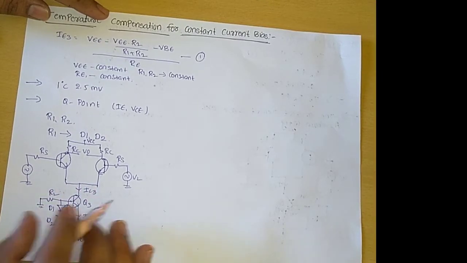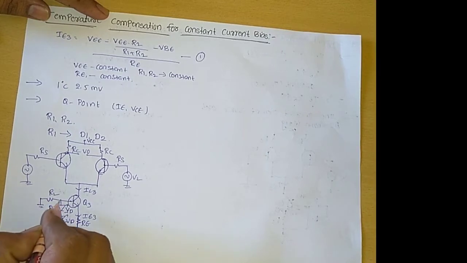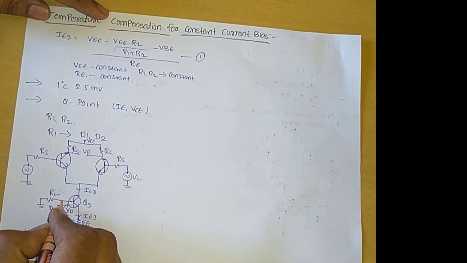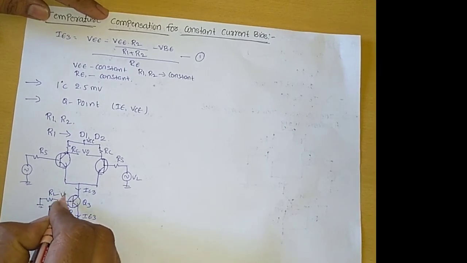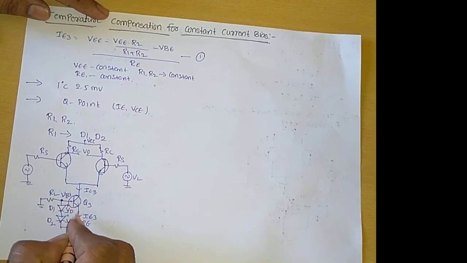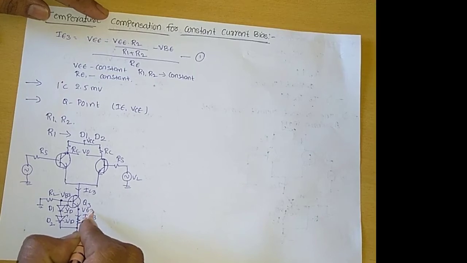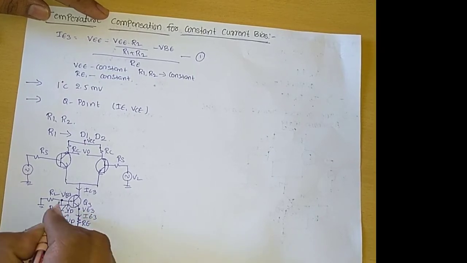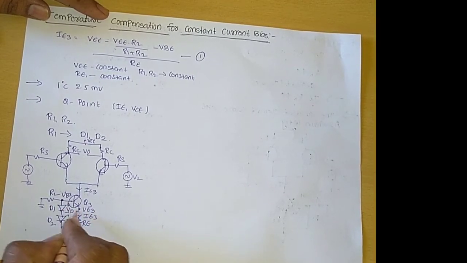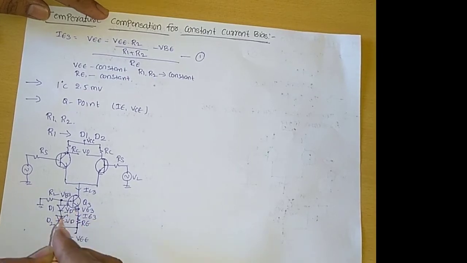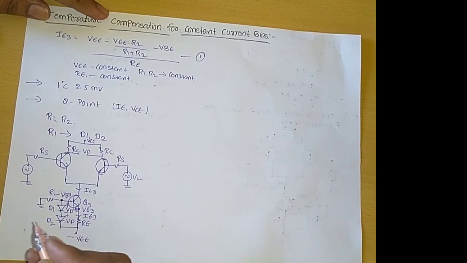With respect to the Q3 transistor, the base voltage is VB3 and the emitter terminal voltage is VE3. The voltage between the base and emitter is VBE. Here we want to estimate the emitter current IE3.